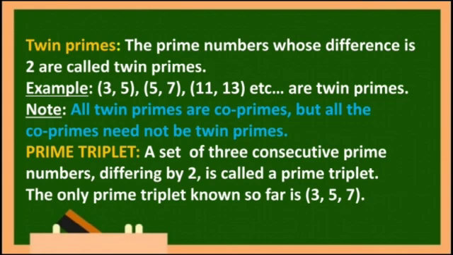That is 7 minus 5 is 2 and 5 minus 3 is 2. Hence, this is the only prime triplet known so far. That is 3, 5 and 7.